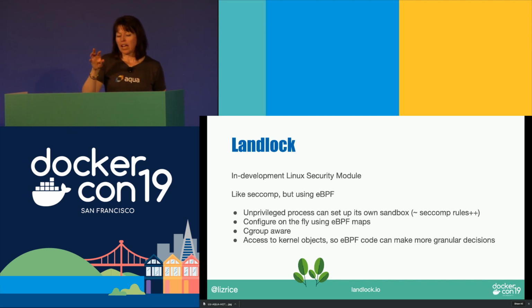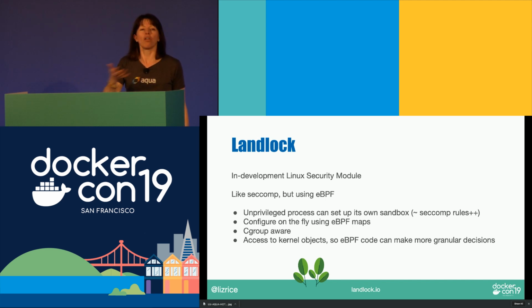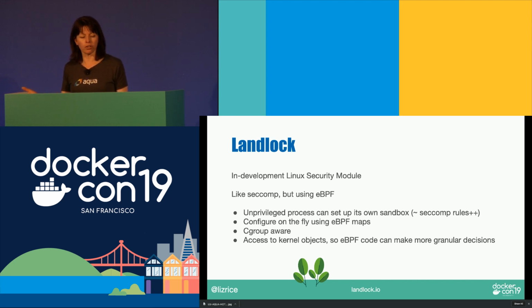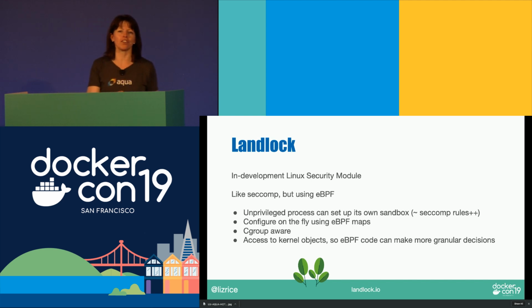Because it's able to inspect kernel objects, it can make really granular decisions about things like which executables to allow to run or not. And it can be configured on the fly from Userspace because it can use these eBPF maps. So I think that is definitely a technology that I'm certainly going to be keeping an eye on.